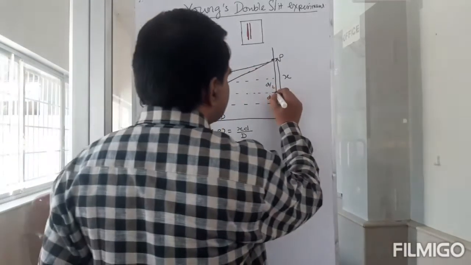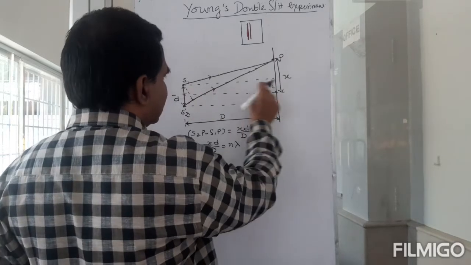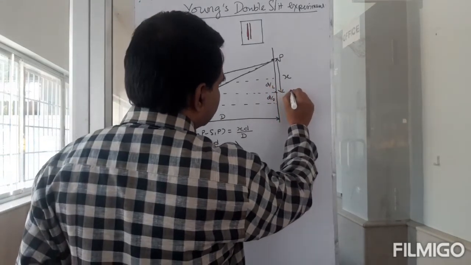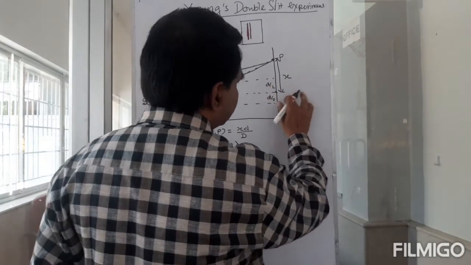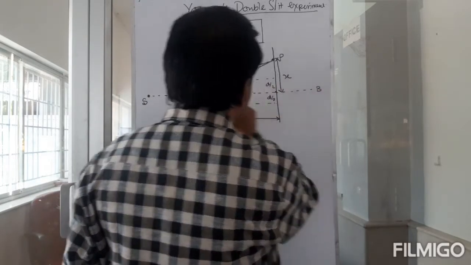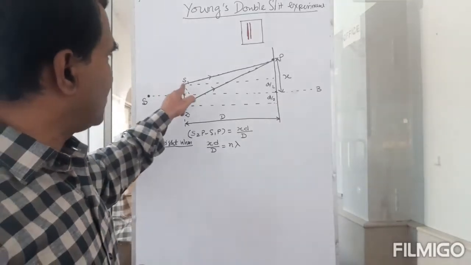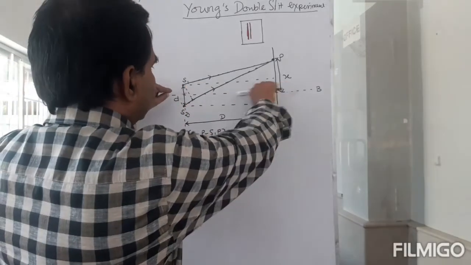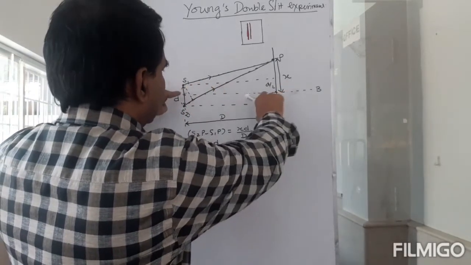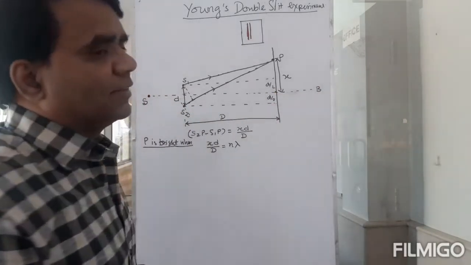If I choose P to be here, then this would be a bright spot. So the center will be bright because there is no path difference. You have S1P and then S2P will be here. So this part will be bright.